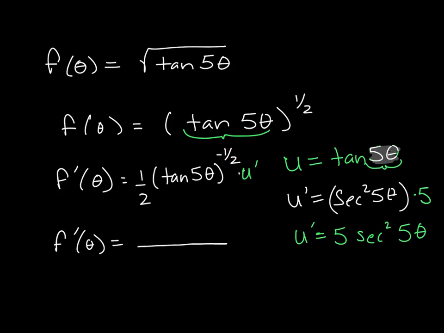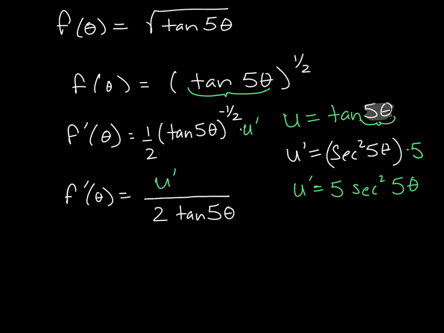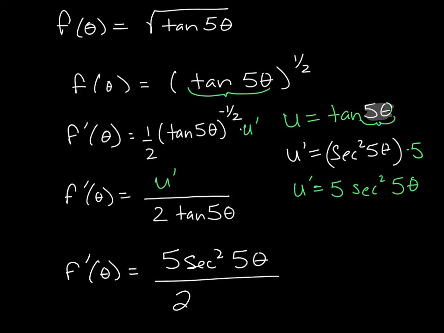This is to the negative 1/2, so it's going to go in the denominator. So I'm going to write this as u prime all over 2 tangent of 5 theta. And now finally I'll rewrite the whole thing as 5 secant squared of 5 theta all over 2 tangent of 5 theta.